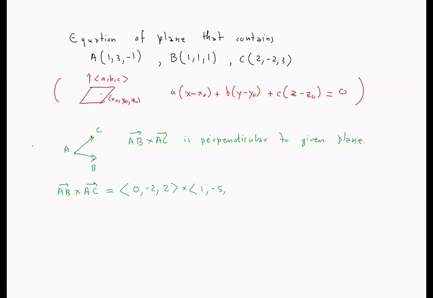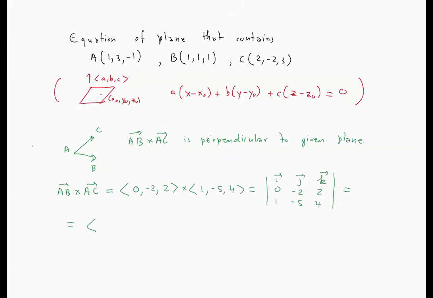So let's take the cross product now. So this will be i, j, k, 0, negative 2, 2, 1, negative 5, 4. So let's take this cross product. Delete the first row, first column. What do you get? You get minus 8 minus negative 10, so minus 8 plus 10, also known as 2.